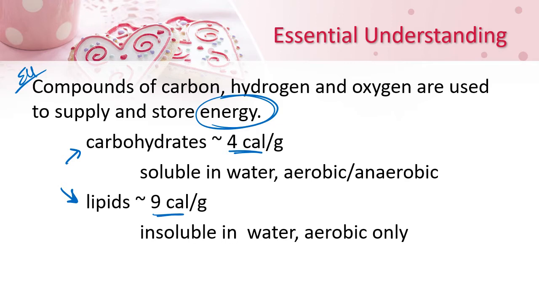An advantage of carbohydrate, though, is that they are soluble in water, so they're easier to transport around the body in the blood. Lipids are not soluble in water, so they need a little bit more special transportation. We can use carbs in both aerobic and anaerobic respiration, whereas our lipids are only useful in aerobic respiration.